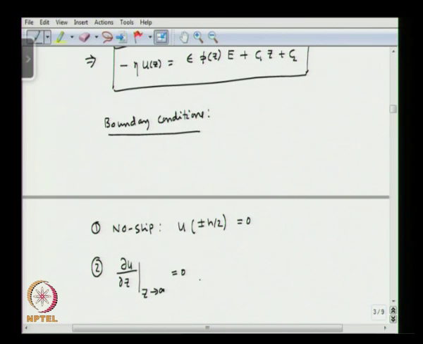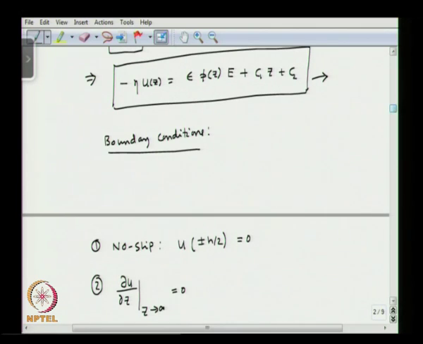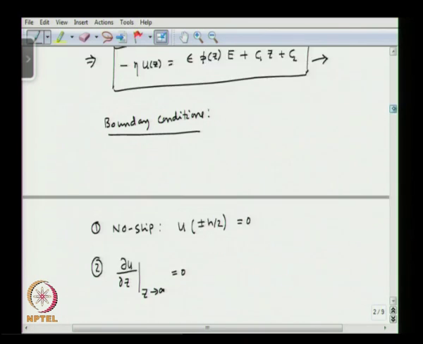Now, if you apply this second condition on the equation for the velocity profile, we would see that C1 has to be 0, otherwise it is not possible to evaluate this equation.